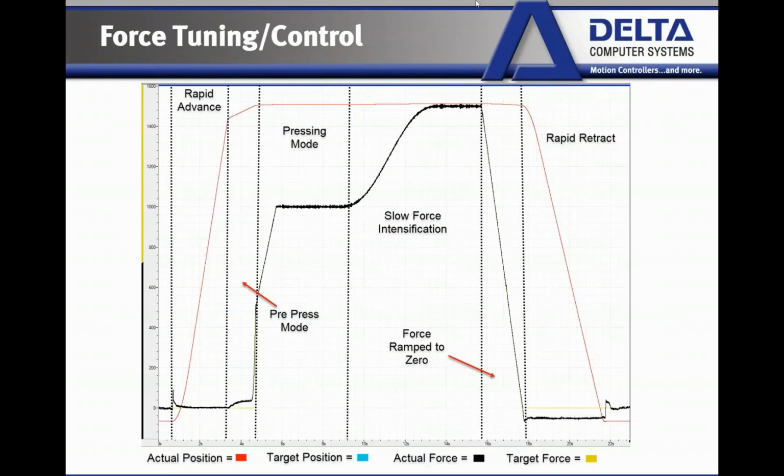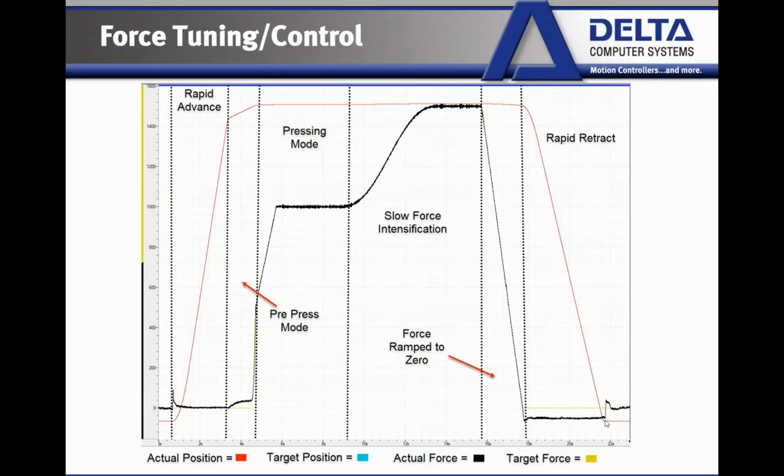At this point, we're going to retract. We're going to ramp back down to a force of 0. We're still in force control, so we've got total control over how we want to disengage from that part. So we're disengaging here. We get to a force of 0. We know we're just barely touching that part. And so then we start our rapid retract.